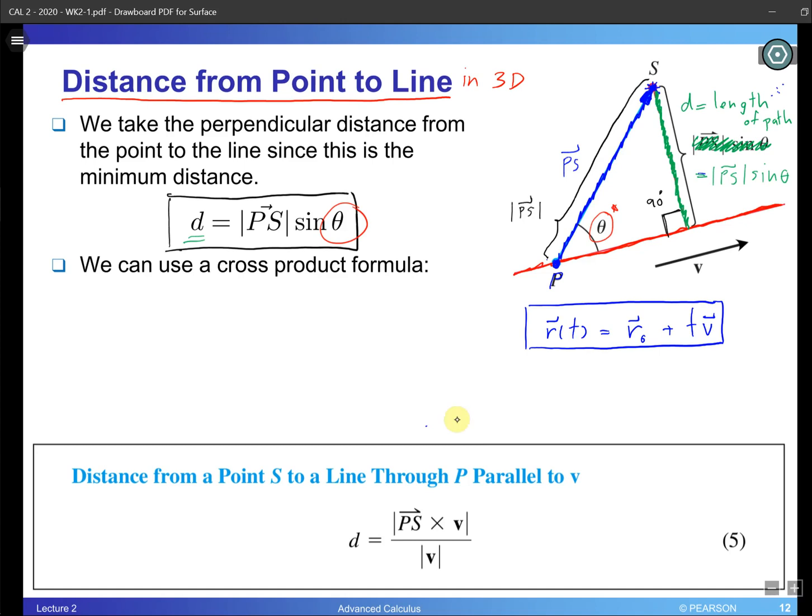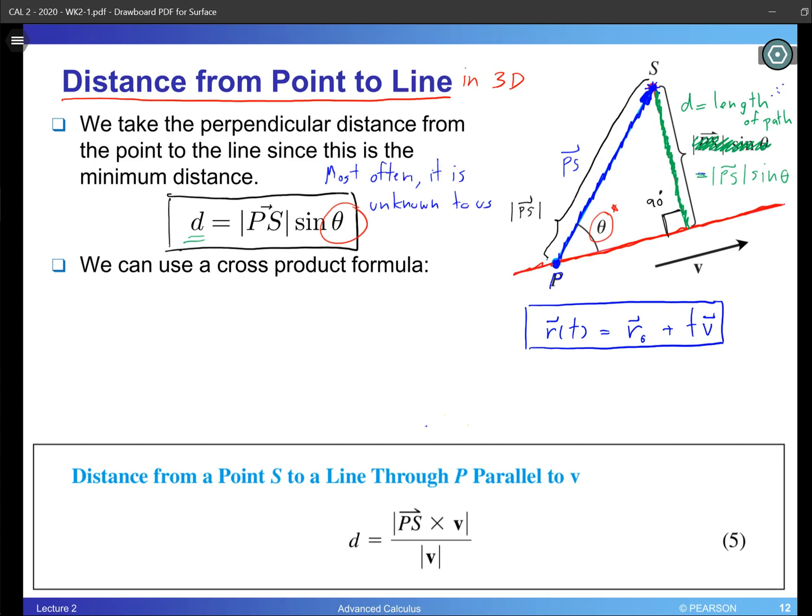Most often, it is unknown to us. So with this theta being unknown, we cannot use this formula directly.